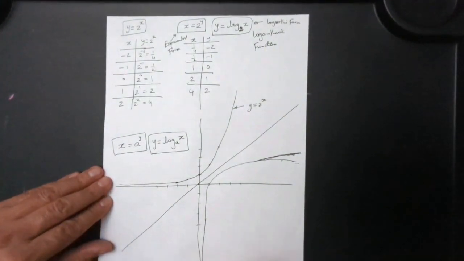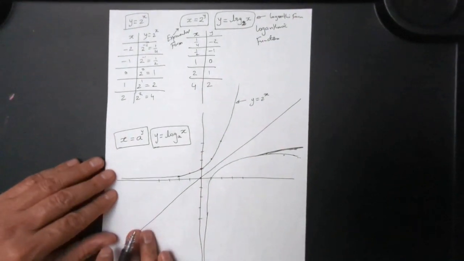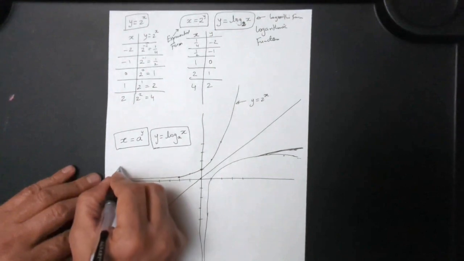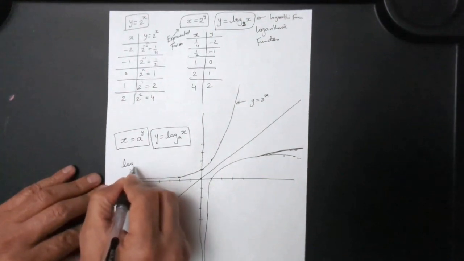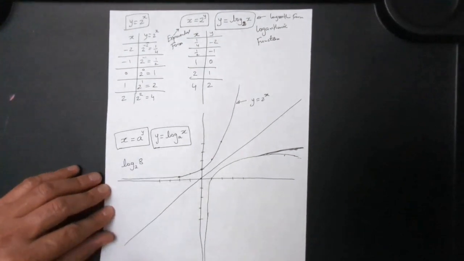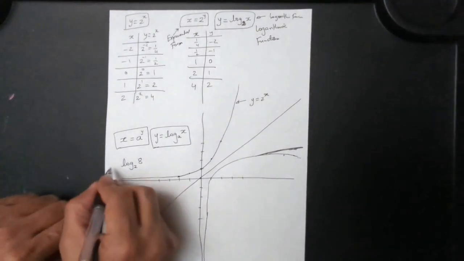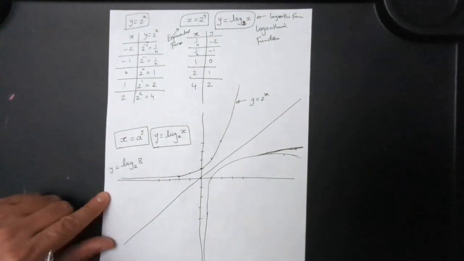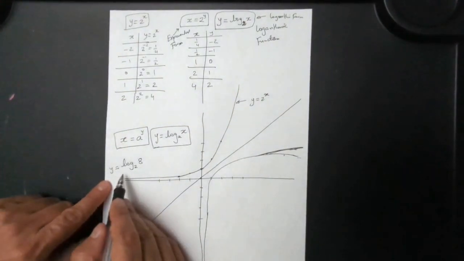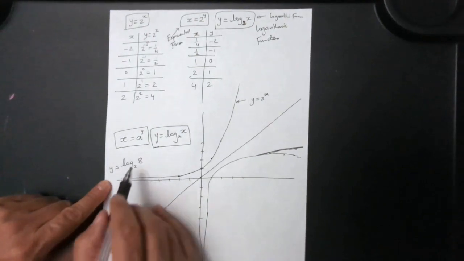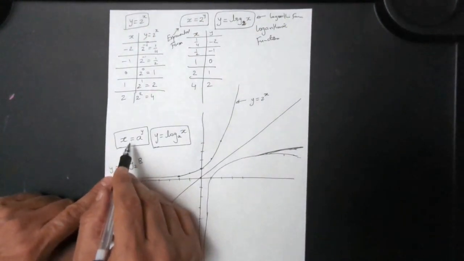Okay, now let's use this relationship to calculate. Suppose we want to calculate log of 8 to the base 2, for example. Okay, how do we calculate this? Say this is y. I want to calculate this. What is the log of 8 to the base 2? Well, we use this understanding.